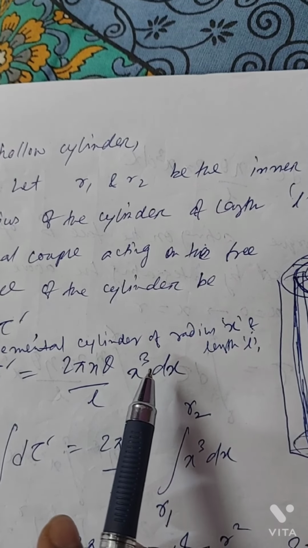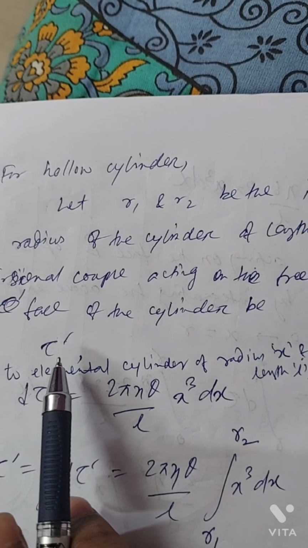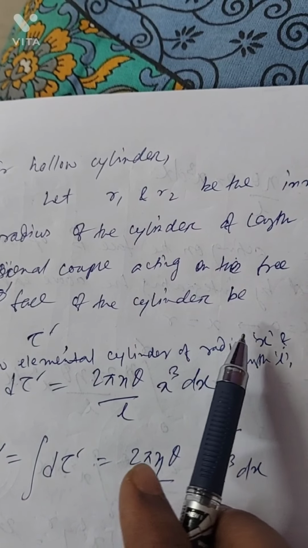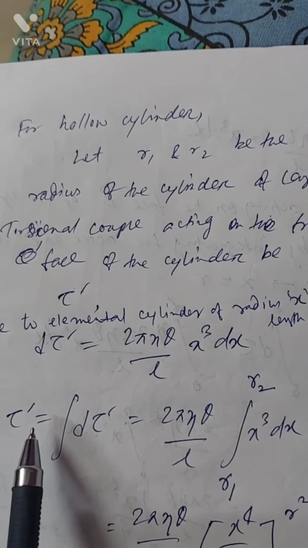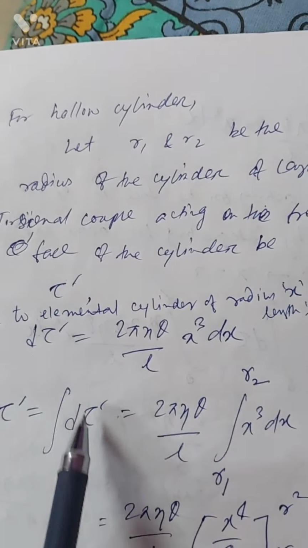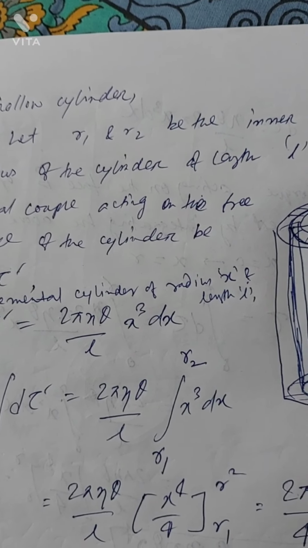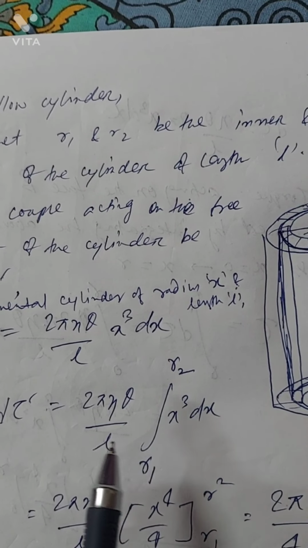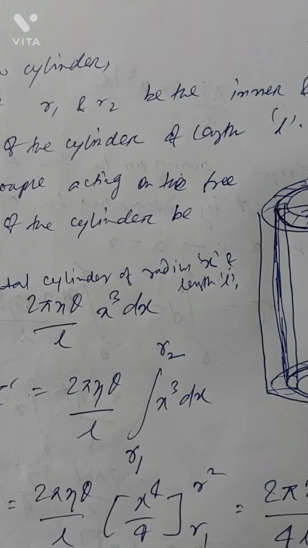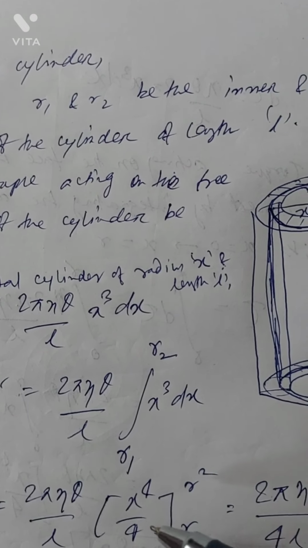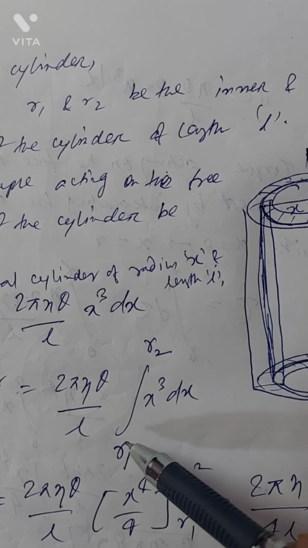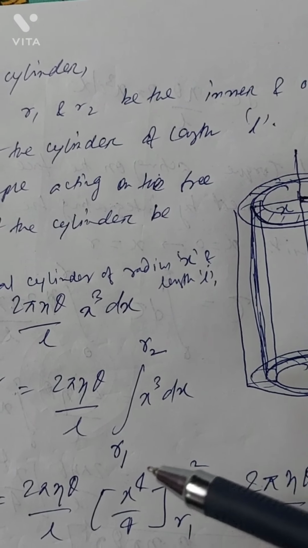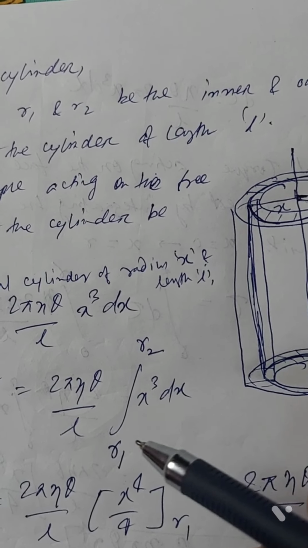Now in order to get the total torque in the hollow cylinder, we have to integrate d tau. In the previous case for the solid cylinder, we integrated from x equal to 0 to r, because r was the radius of the solid cylinder, the minimum value of x was 0 and the maximum was r.